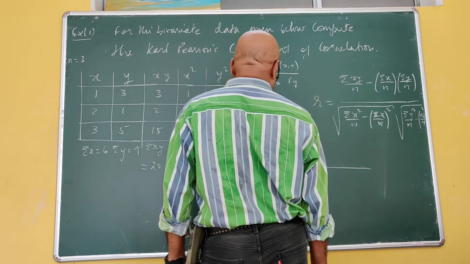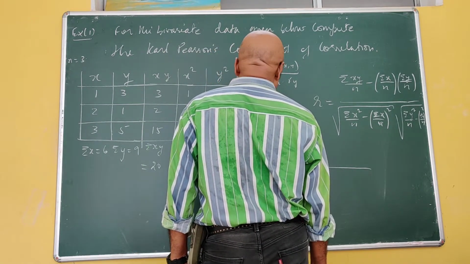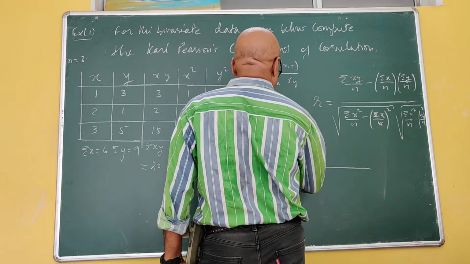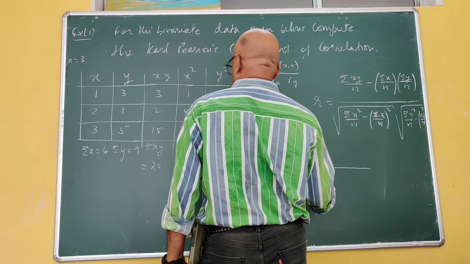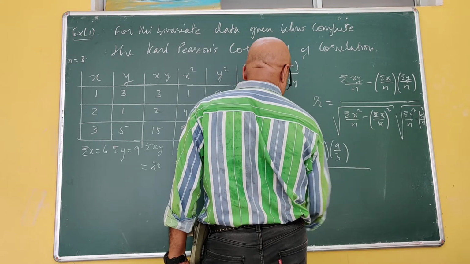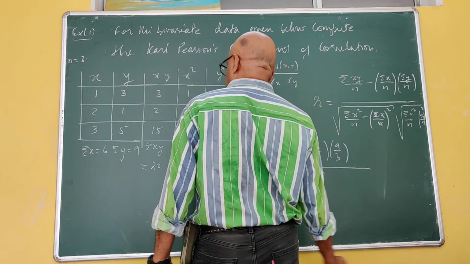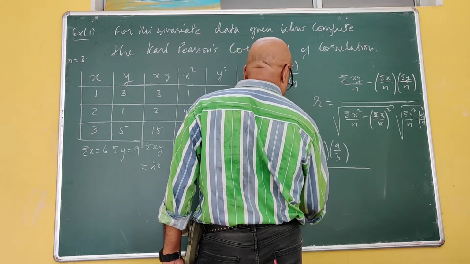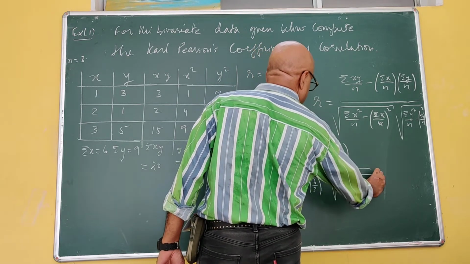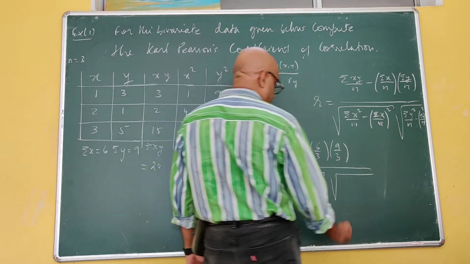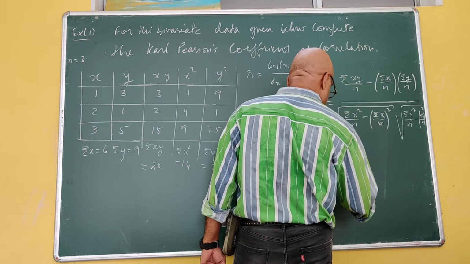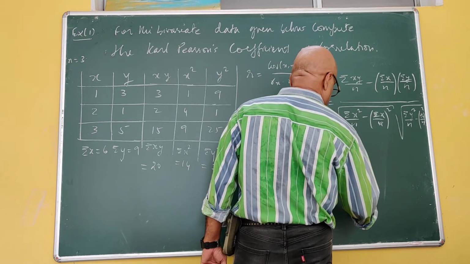So what you get is summation xy, 20 divided by 3, minus 6 divided by 3 into 9 divided by 3, and then the square root of x square, 14 divided by 3 minus 6 divided by 3, the whole square, and for y, 35 divided by 3 minus 9 divided by 3, the whole square.